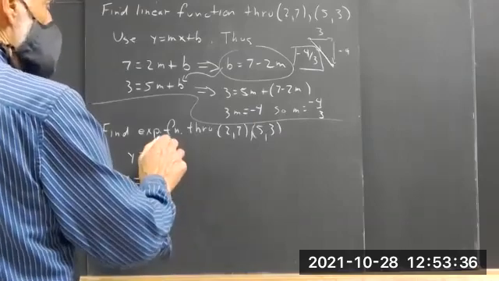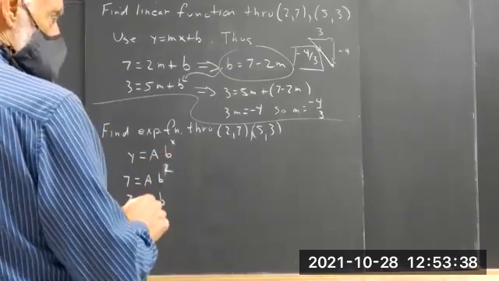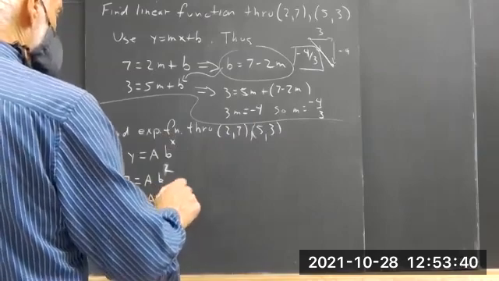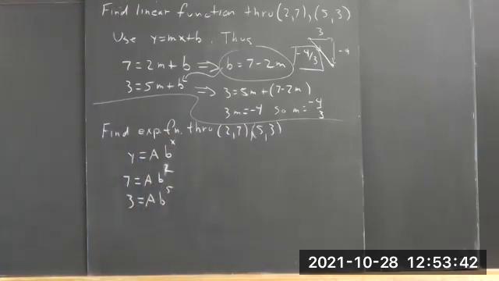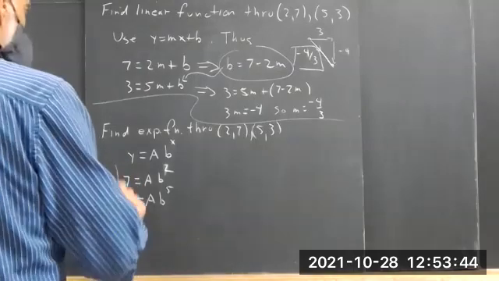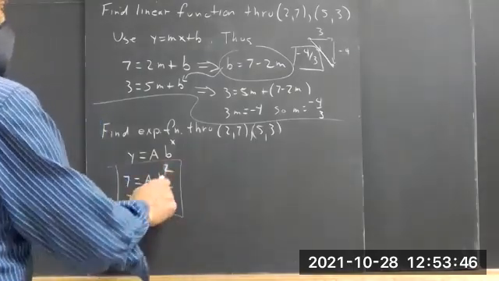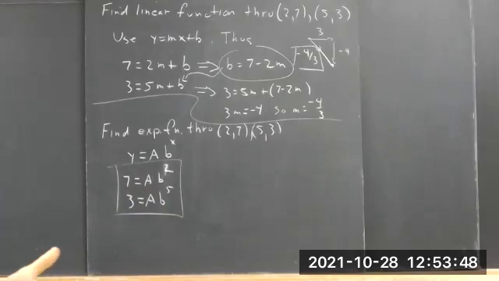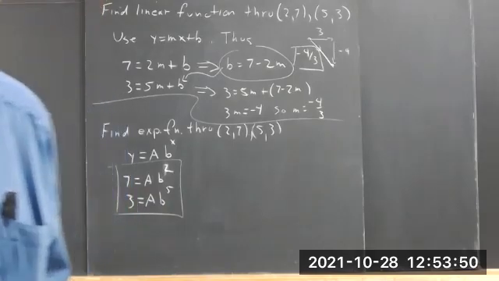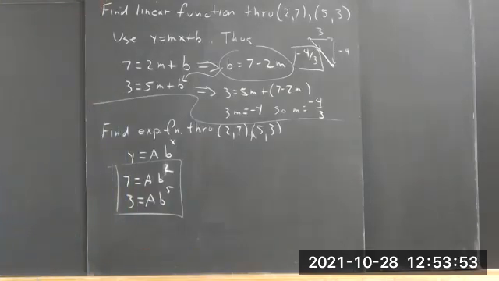And of course, x is the power of b, and x is 5 in this case. Now you have two equations with two unknowns, a and b. You solve them. Okay. You have to know a little algebra, you have to understand exponents.